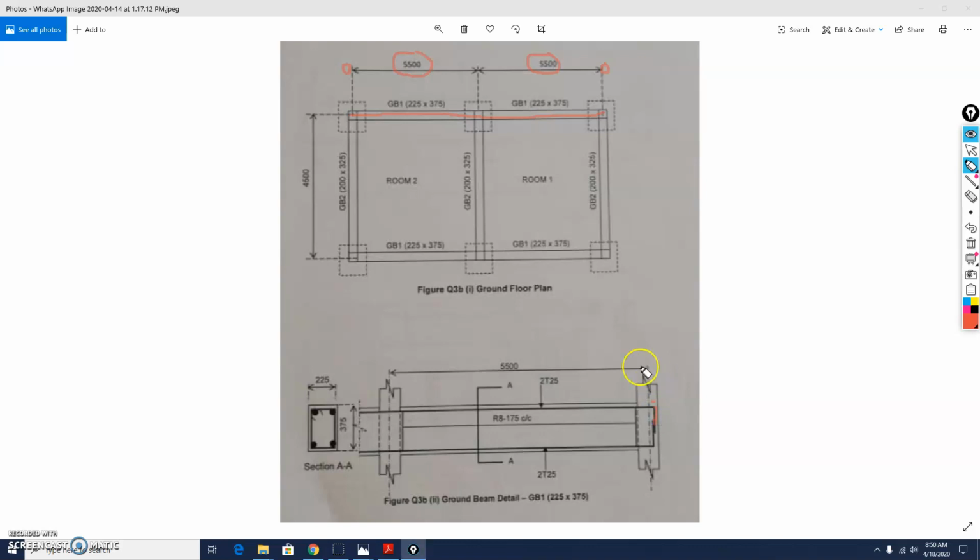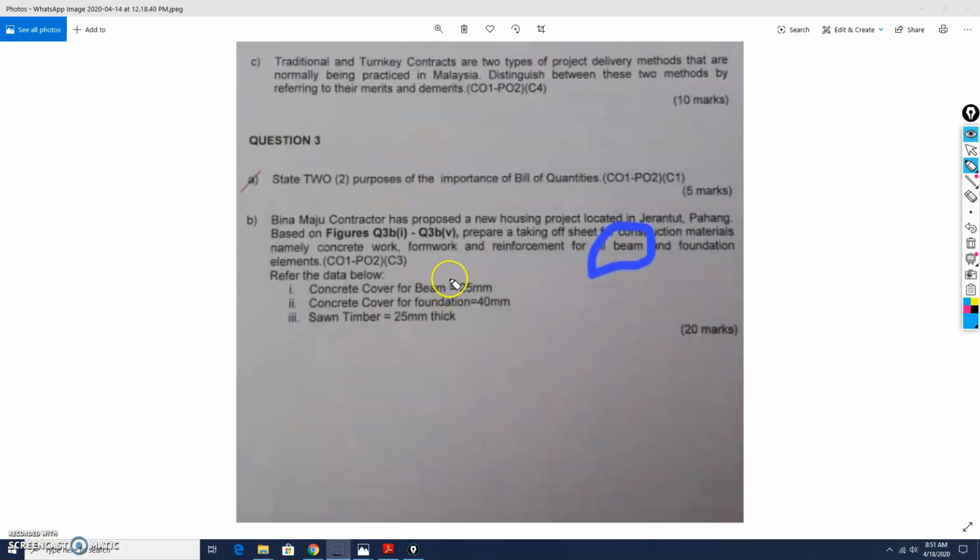The thickness of cover, if you look in the question, will be 25 mm. So you will have 2 covers, one at this side and another one at this side. For one cover, the thickness will be 25 mm. So for 2 covers, it will be 50 mm.